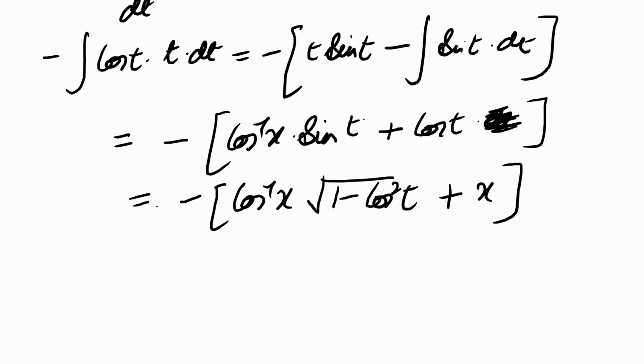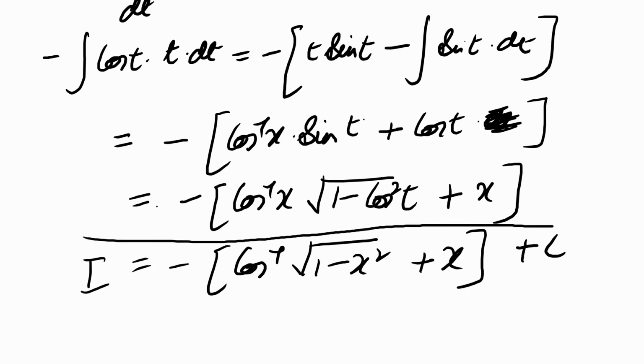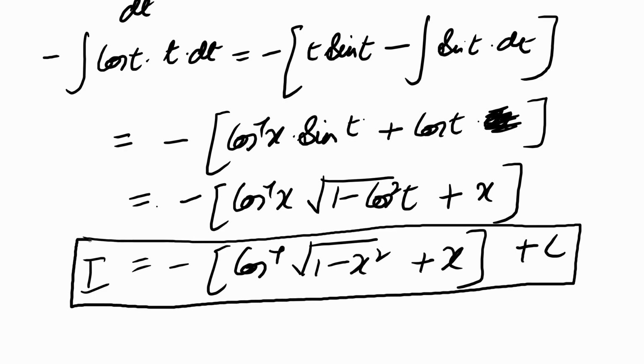So this will become minus cos inverse x under root 1 minus x square plus x plus c. This is your answer. This was also a comparatively shorter question. Okay, so I hope you understood it.